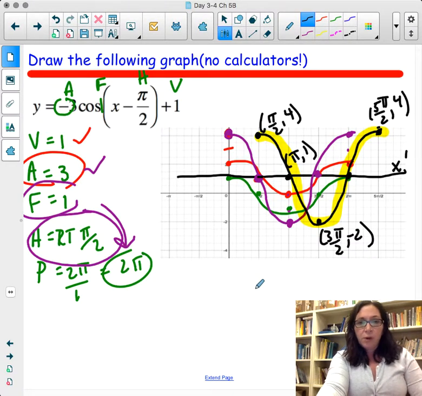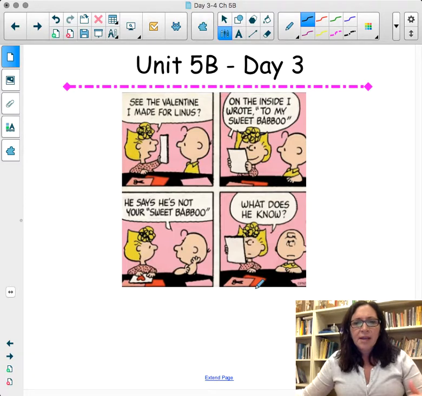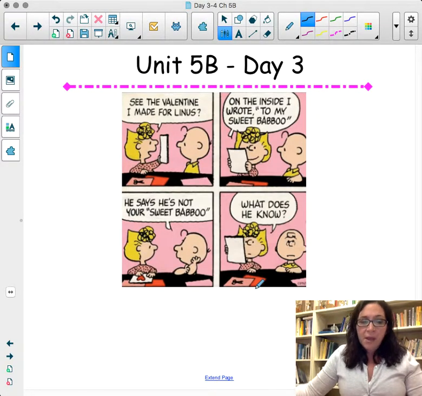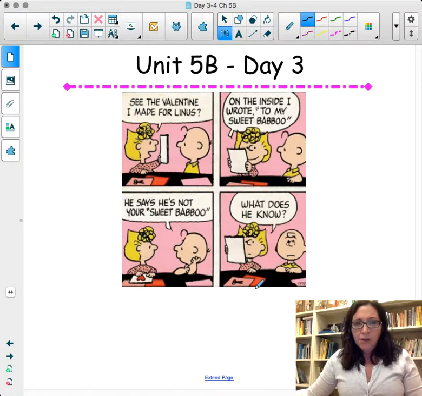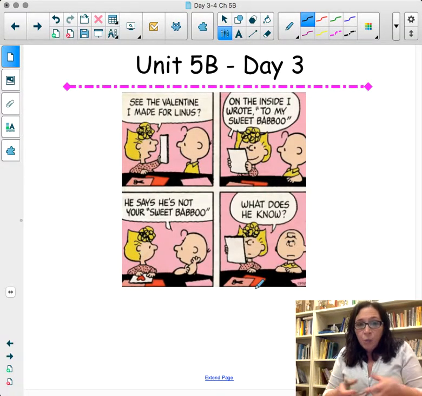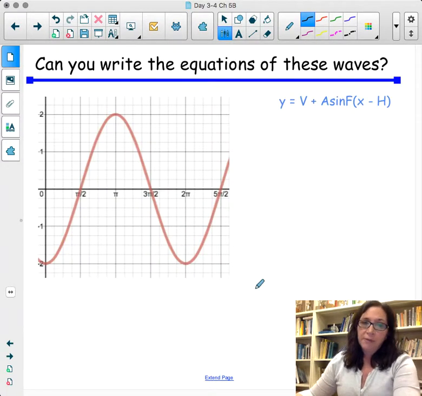It's very, very important. So today, what today's all about, that was just a warm-up and review of your sinusoidal translations. But today what I want to do is I want you to come up with equations. So I'm going to give you a graph, and you need to come up with an equation and your VAF, what I explained to you earlier, which was your VAFHP, that's going to be super helpful.